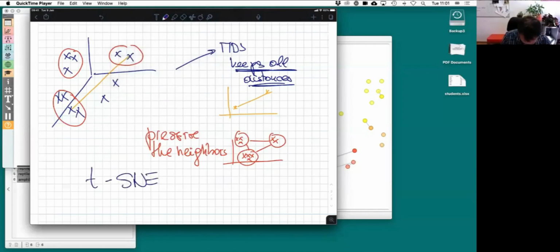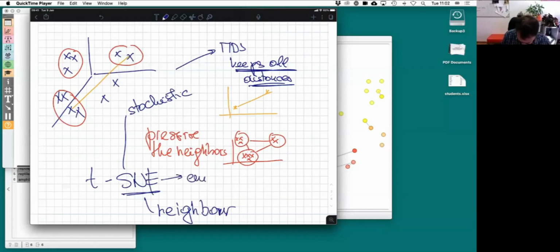S stands for stochastic, which means it's going to be initialized randomly; there's going to be some randomness in the way it computes things. N stands for neighbor, stochastic neighbor, and E stands for embedding.